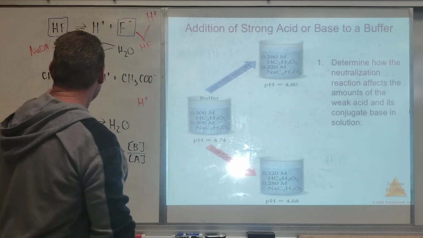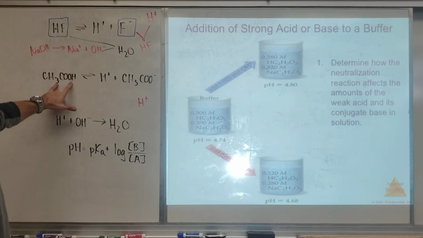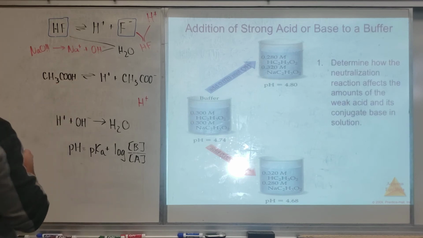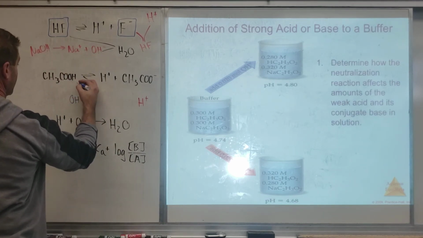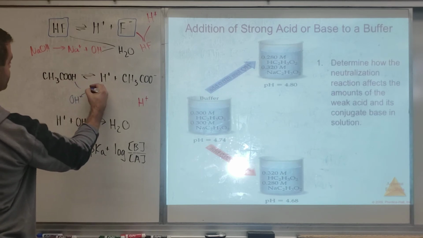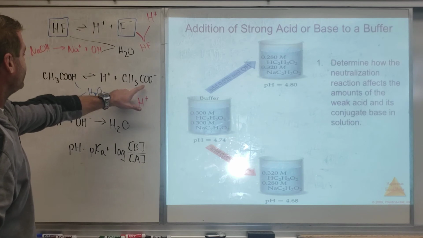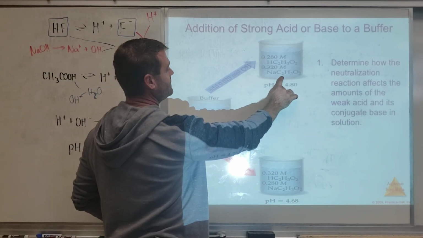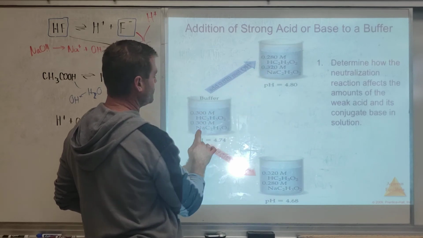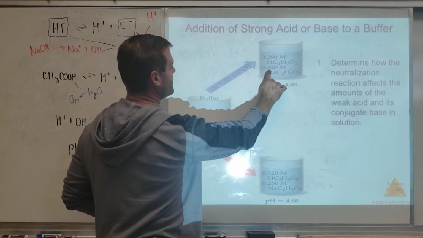And then when that acetic acid reacts with the base, the hydrogen and the OH minus form water, and then what else do we have left? We have the acetate ion, that's what's left. And so the acetate ion is going to increase by 0.02. Whereas before we had 0.3, now we have 0.32.